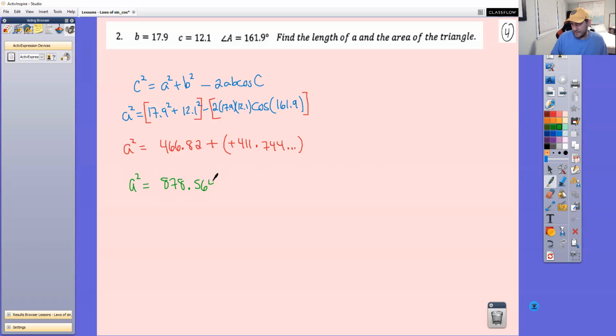And of course, it's not really 564. It's 564, blah, blah, blah. So again, you don't have to ever put a dot, dot, dot. I'm putting it to remind you that I'm using the full value of this decimal. So you take the square root and you'll get an answer.